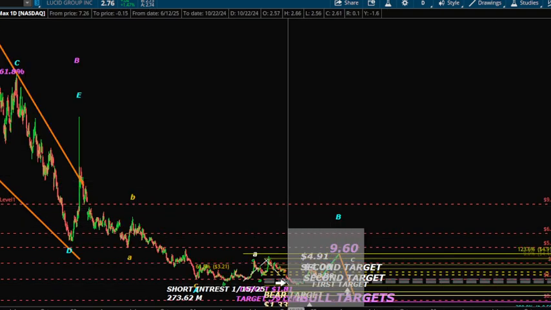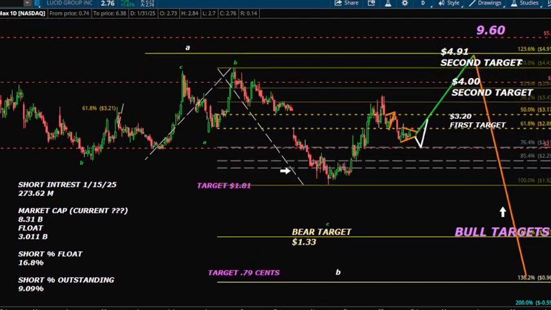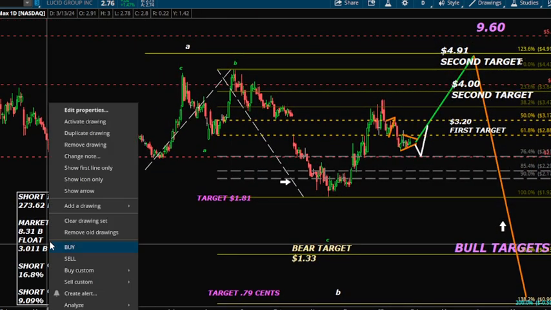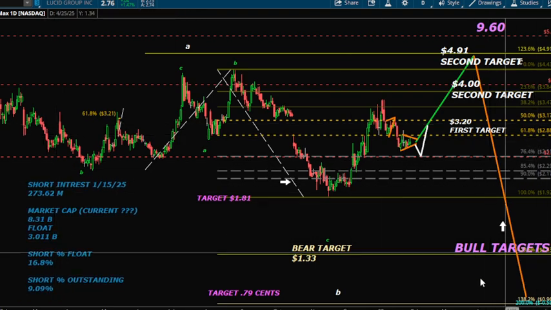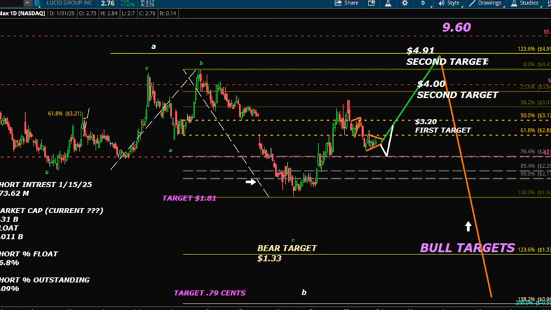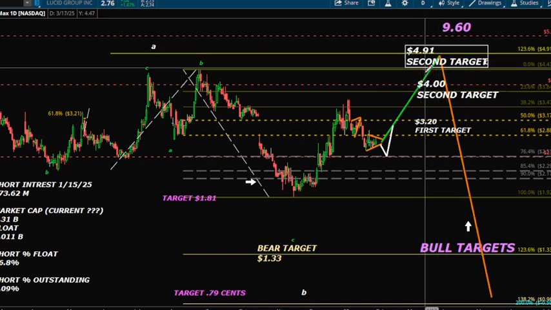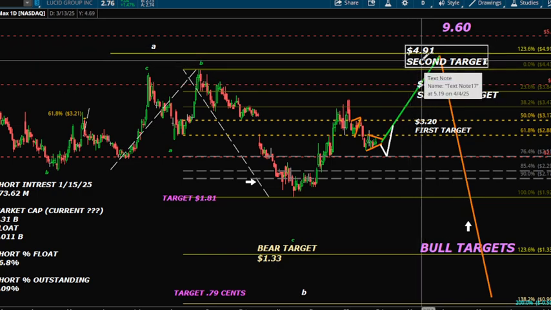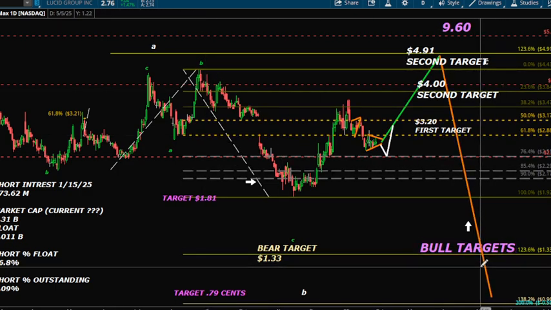All right, let me zoom out one more time, get a good look at everything. All right, so again, this is your break to $4 or $4.91, and really, I think if we break up, $4.91 is a better target for the potential correction that I'm looking at.